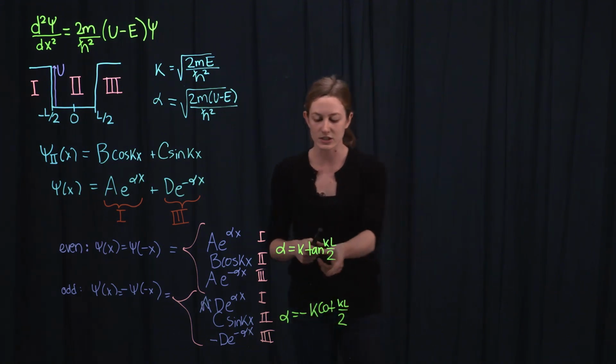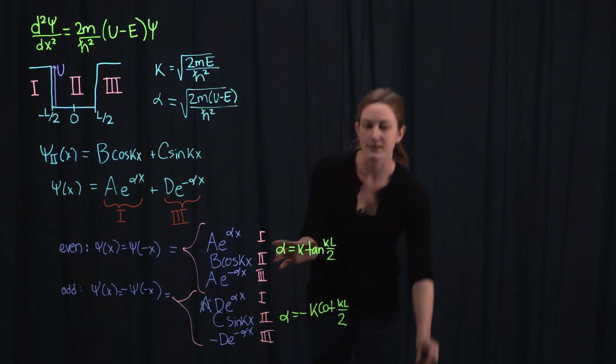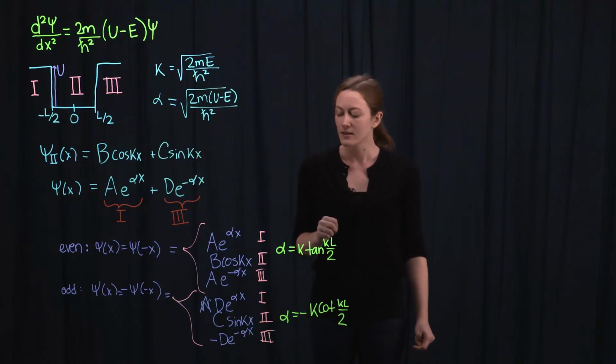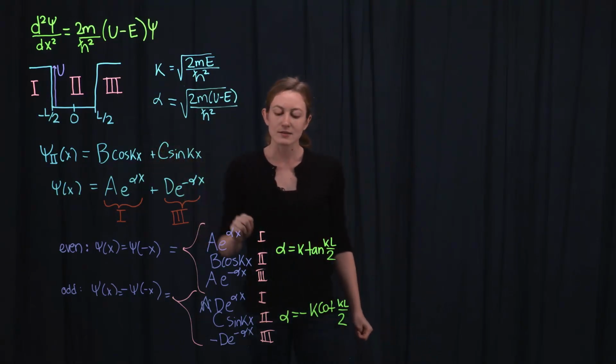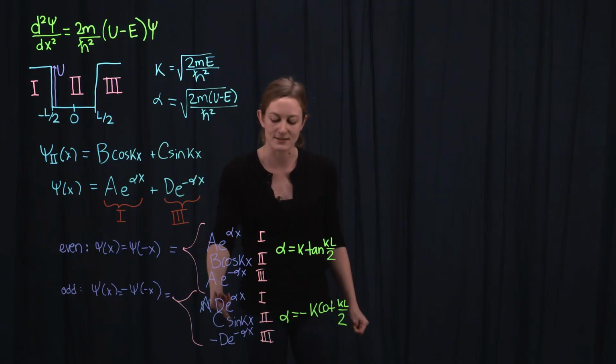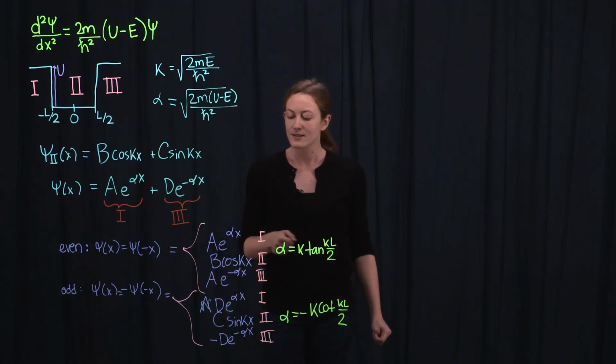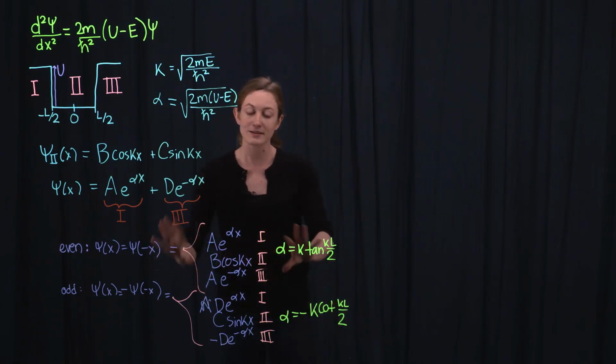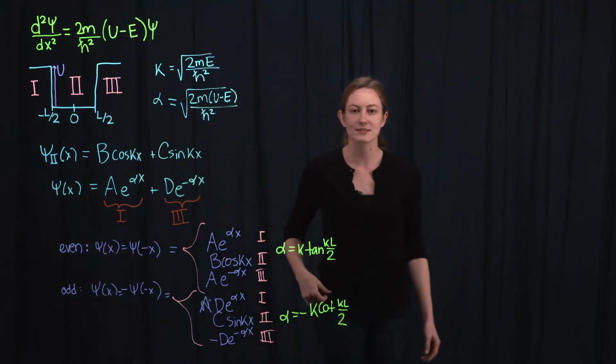Good. So these are conditions that involve the energy E. Remember, alpha and k both involve the energy E. And then solving these continuity equations gives us relationships between A and B in the even case and C and D in the odd case. And then normalizing the wave function will determine the final constant. So everything will be determined by solving these conditions.